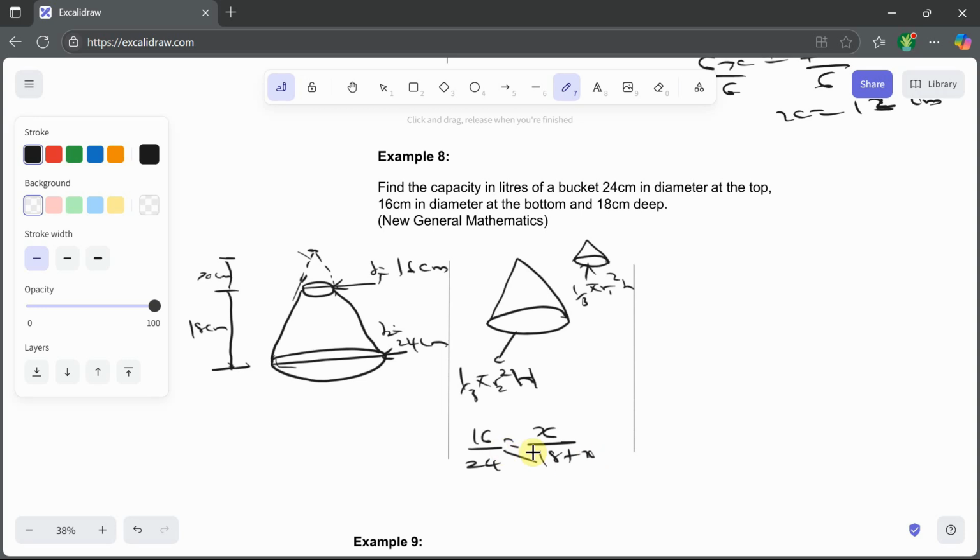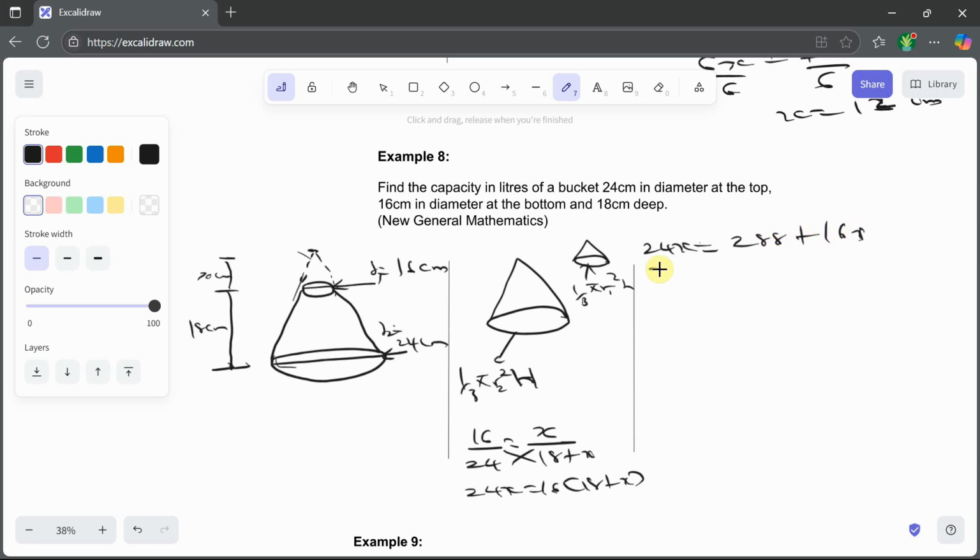So if I cross multiply, that will give me 24x is equal to 16 open brackets 18 plus x. So 24x is equal to 16 times 18, which gives 288, plus 16x.